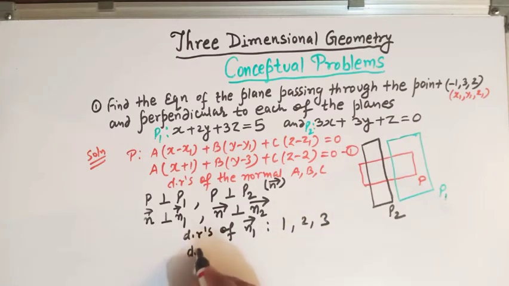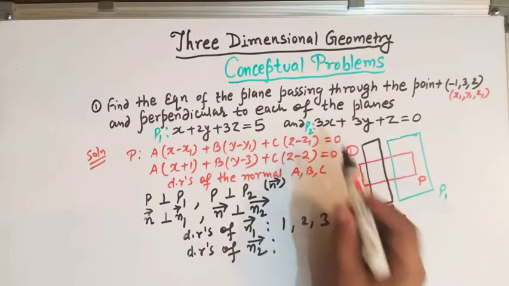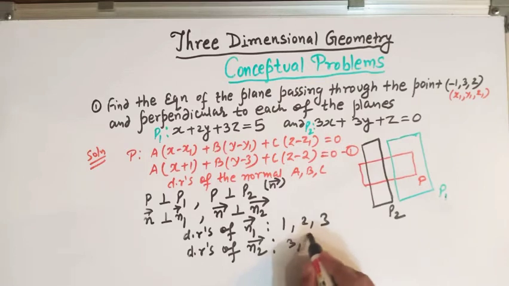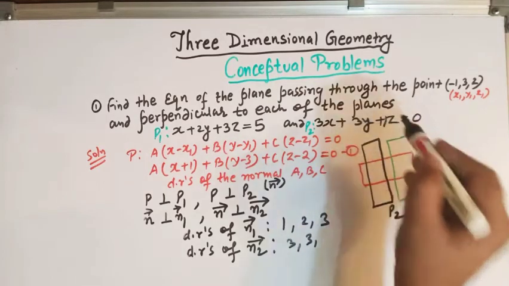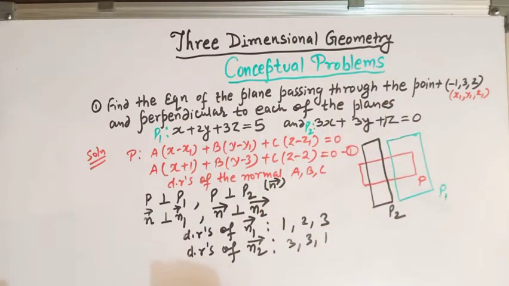And the drs of vector n2 are 3, 3 and 1, right?